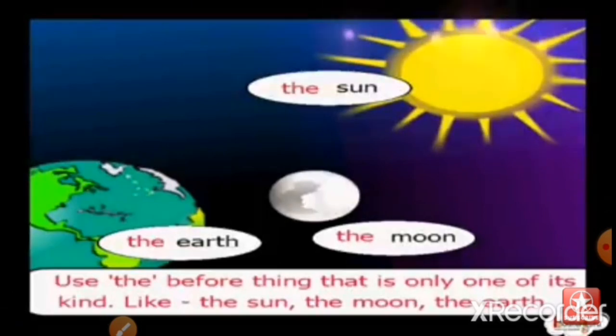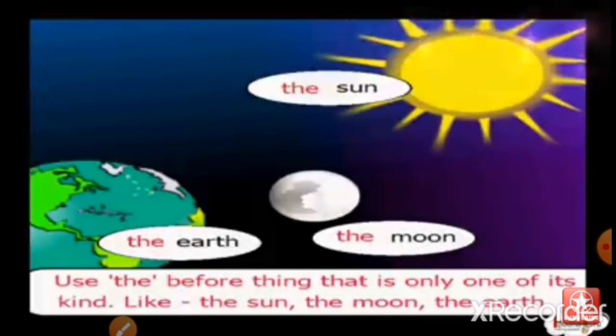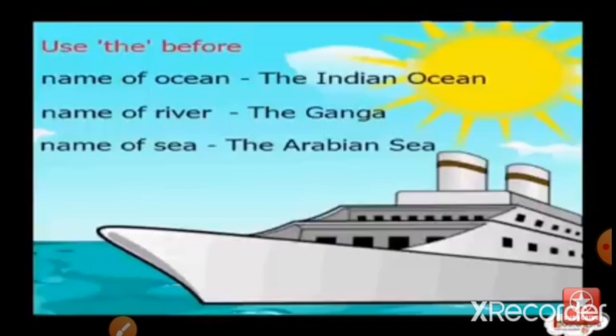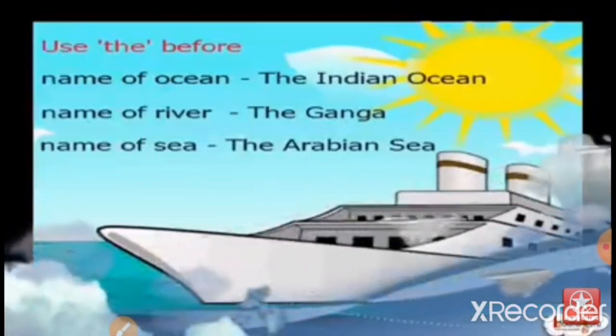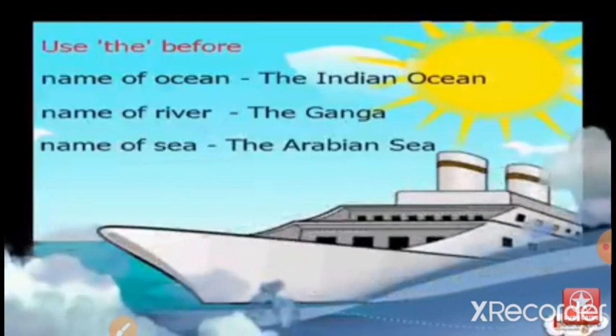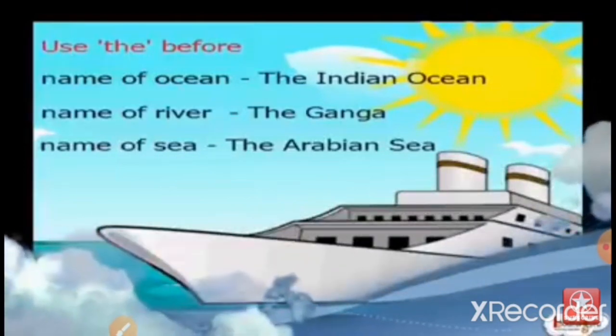Now have a look. The sun, the earth, the moon. Use the before things that are only one of their kind, like the sun, the moon, the earth. These are particular things. Use the before names of oceans, rivers and seas.